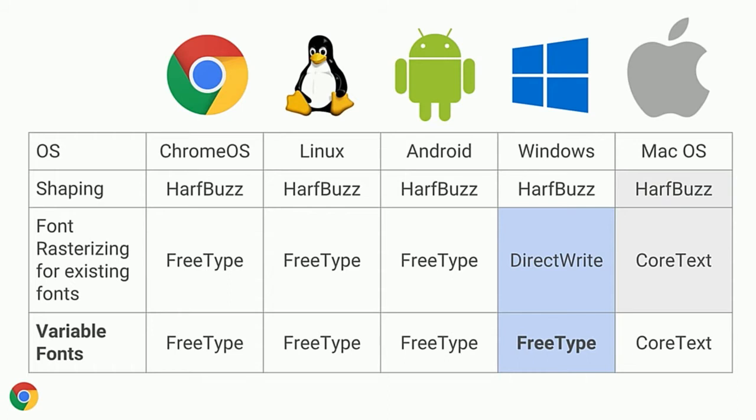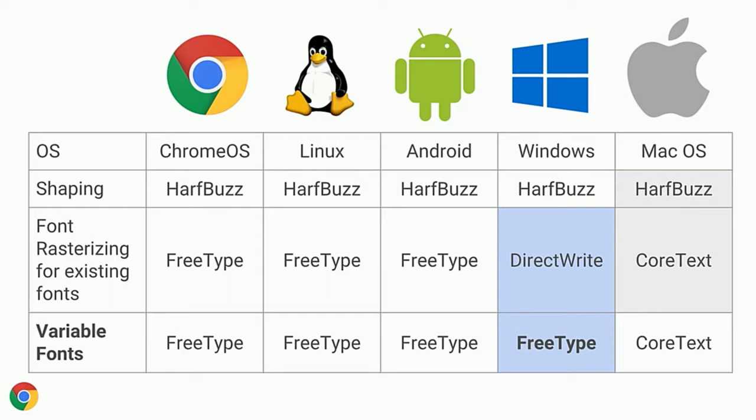Last year at TYPO Labs, I was talking about the hybrid architecture that we're using to support variable fonts on operating systems that don't have native support for them, such as older versions of Windows. What you see here is a table of what font rasterizer for existing static fonts we're using, and what font rasterizer we're using for variable fonts. Chrome OS, Linux, and Android is pretty much the same.